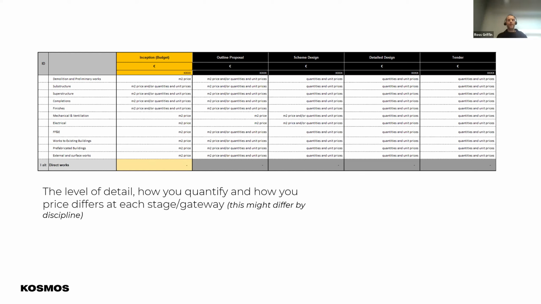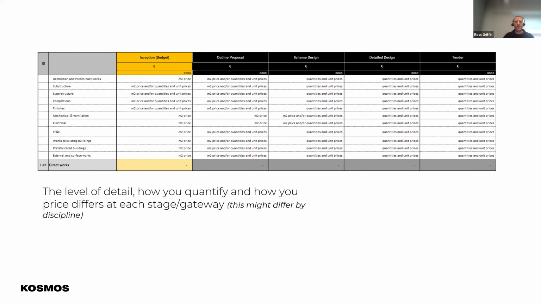Whereas if you're developing within the BIM execution plan parameters, you're able to begin to map these elements from the models, qualify models, etc. So a number of years ago, we needed to define this for the design team so that they get an understanding, and clients also, in terms of how we believe the accuracy to be. Yes, we are quantifying and we're using unit prices at this stage for almost everything, especially at schematic. And in the mechanical, electrical, or the services, it's a mix of square meter price or quantity and unit prices, so that they get an understanding of the quality levels that come with these estimates.